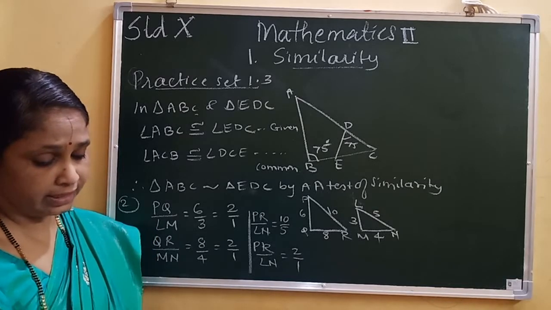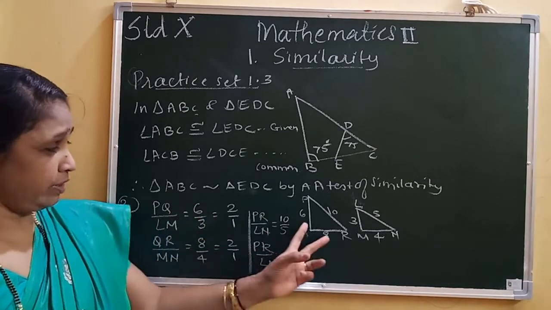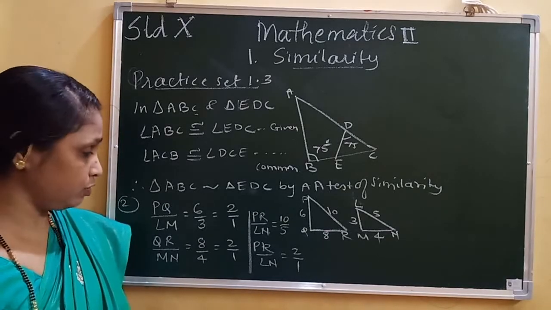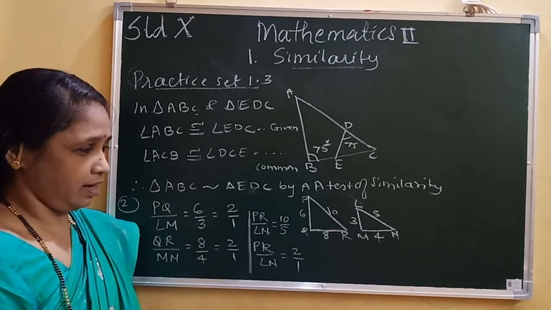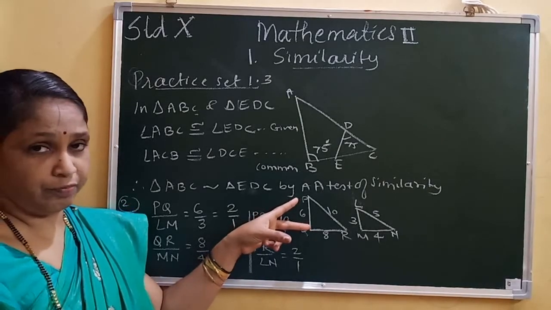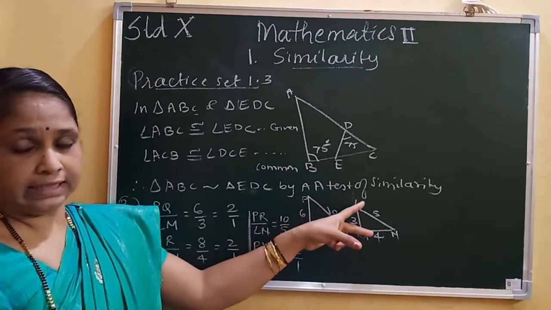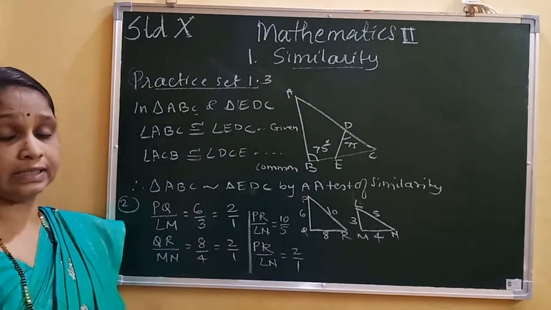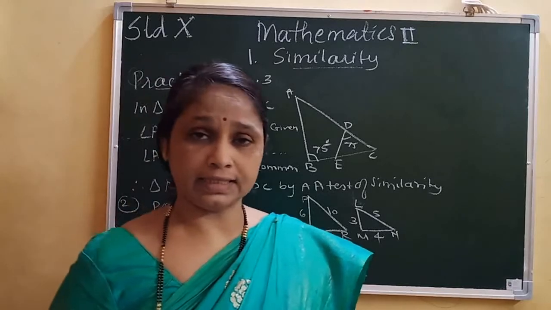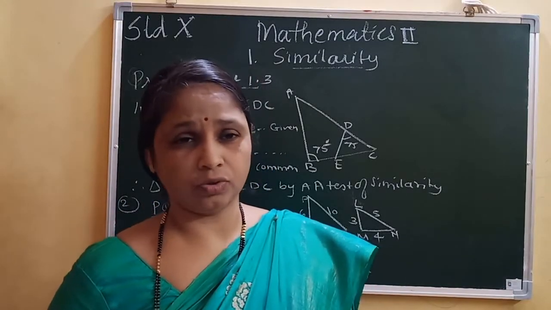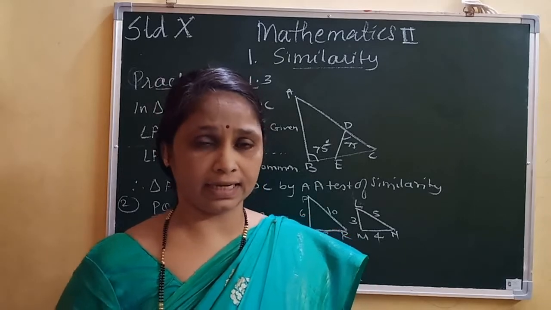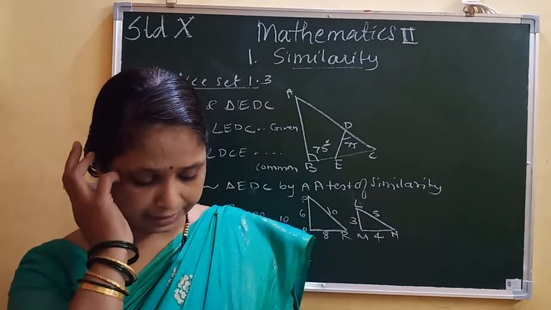So what we can say is that these two triangles are similar by SSS test because all three sides of the bigger triangle have ratios the same with the corresponding sides of the smaller triangle. So you can say that these two triangles are similar by SSS test of similarity.